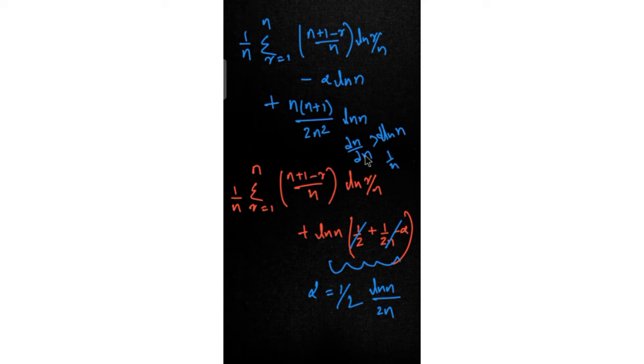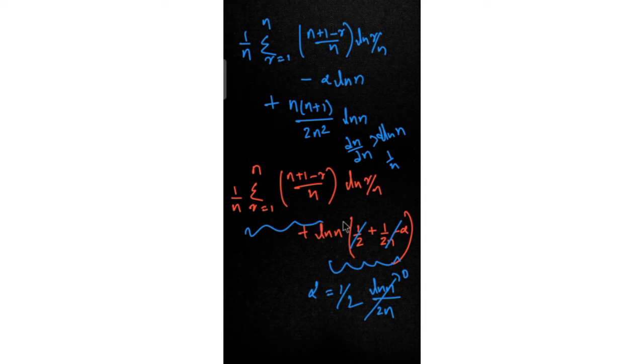So the increase of n is more compared to ln n, and as n tends to infinity, ln n by 2n converges to 0, so the total value is 0. For this limit to exist, we must assume alpha as half; otherwise the value doesn't come out to be 0, and the limit doesn't exist for this term.